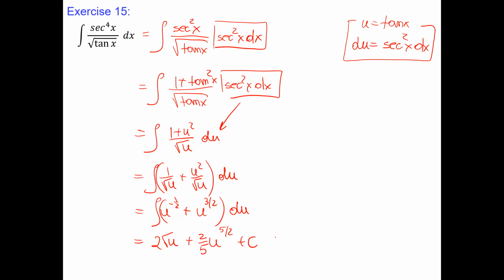Okay, but let's actually rewrite a little bit nicer. u will be definitely replaced with tangent of x, and u to the power of 5/2 is square root of u to the power of 5, and u is tangent.